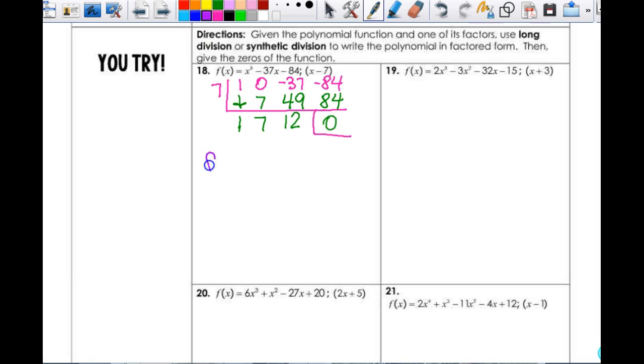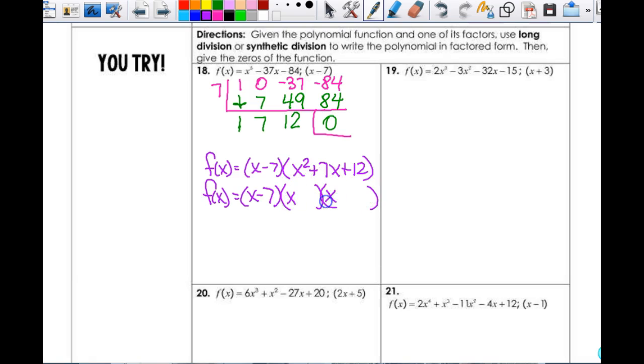So that means that f of x now is x minus 7 times x squared plus 7x plus 12. Then I can factor this. My signs are, this is positive, the signs are the same. This is positive, so they're both positive. What are my two numbers? 4 and 3. So 4 and 3.